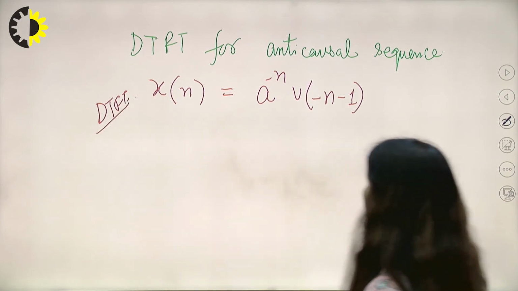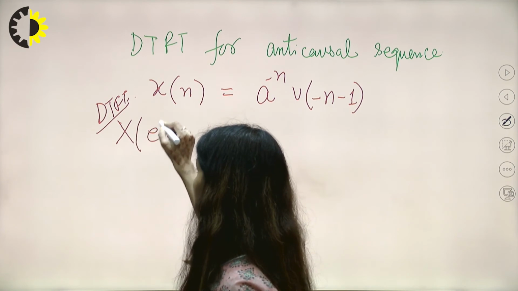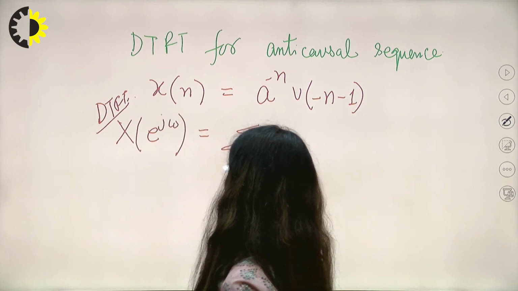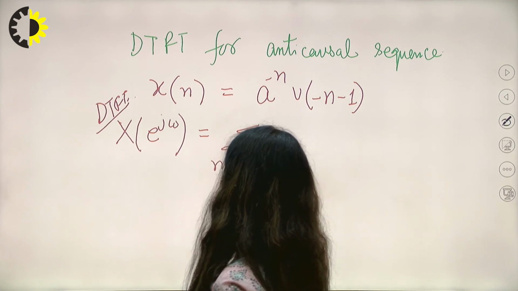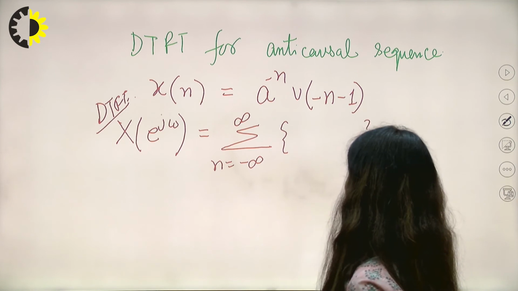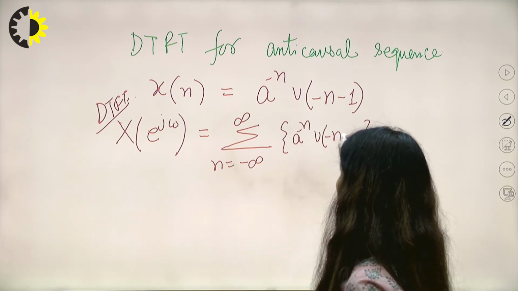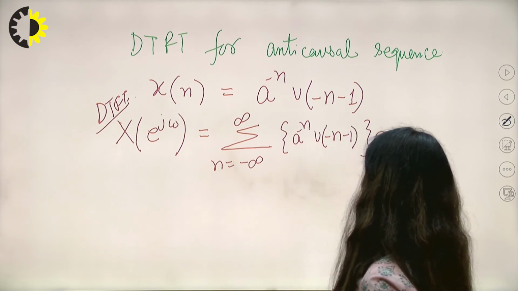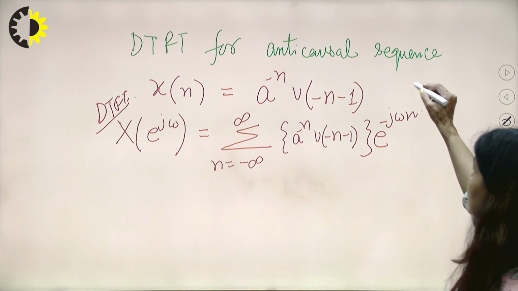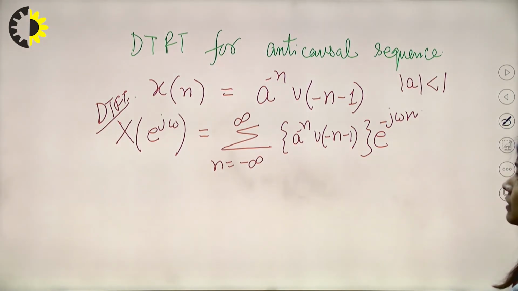So how to calculate? Same formula we will apply: X(e^{j omega}) is the summation from n equal to minus infinity to plus infinity of x[n] e raised to the power minus j omega n, that is a raised to the power minus n u[-n-1] e raised to the power minus j omega n, and mod of a is less than 1.